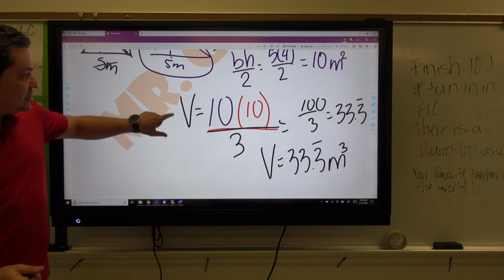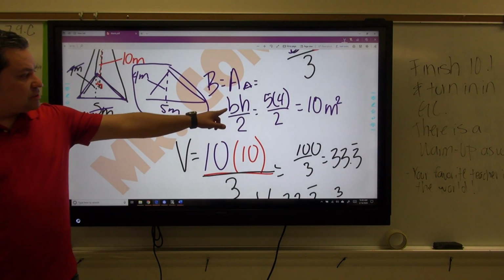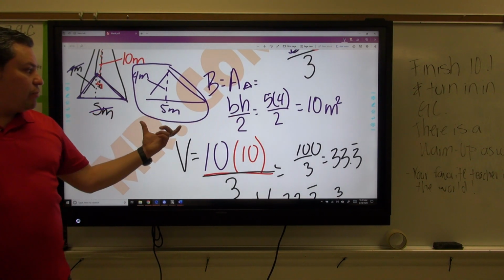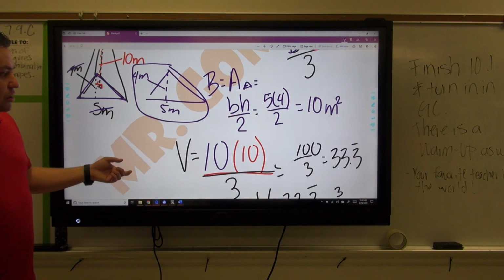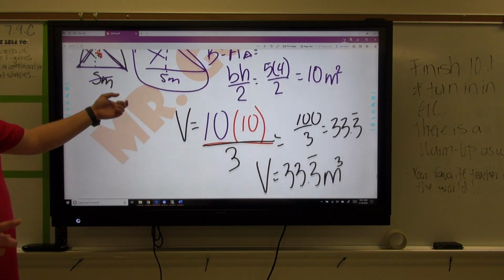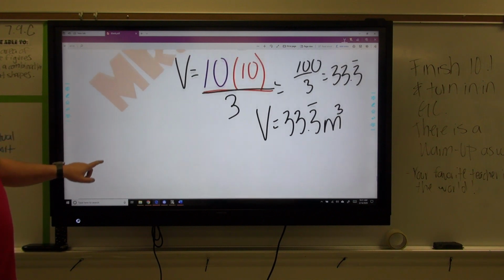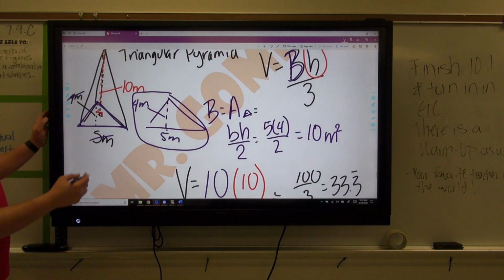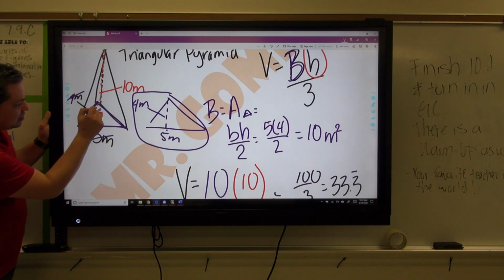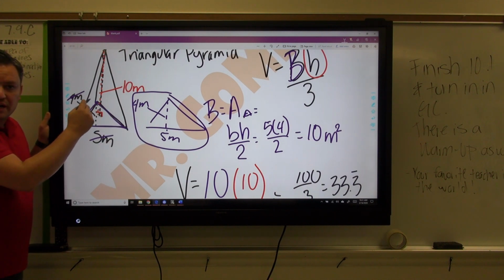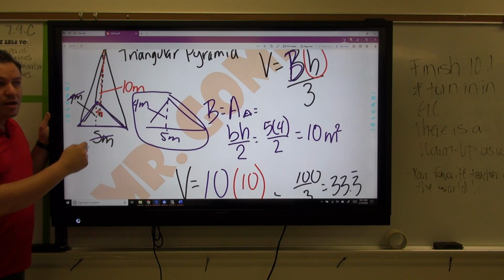Again, the only thing that is going to change in this one is whatever the area formula is for the shape. So, now, a common mistake. Notice how over here, I have the height of the base represented by this dashed line. Can everybody see that?